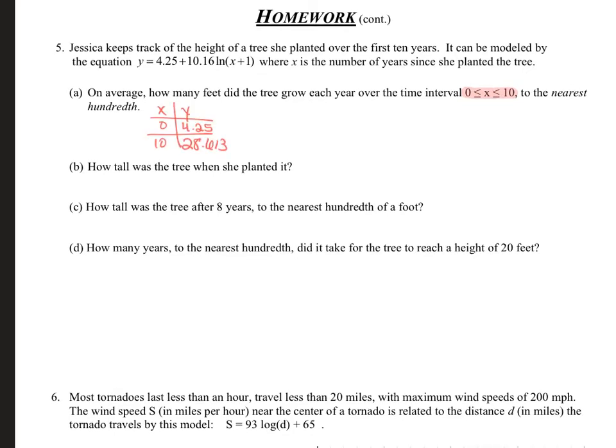The reason I think we're finding the slope is because it says on average, how many feet did the tree grow each year? So we want to look at how it changed from the beginning to year 10, and divide it by that many years, which would be the average, but that's also how you find the slope.